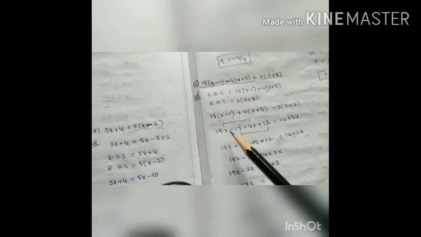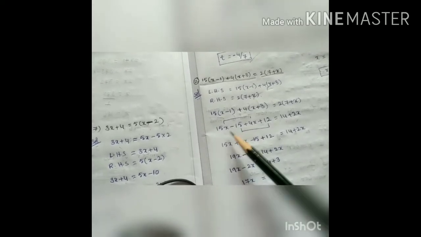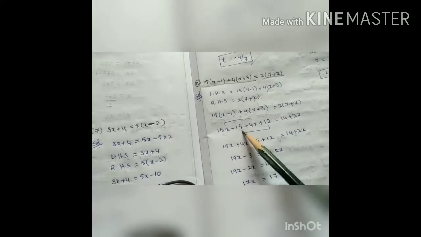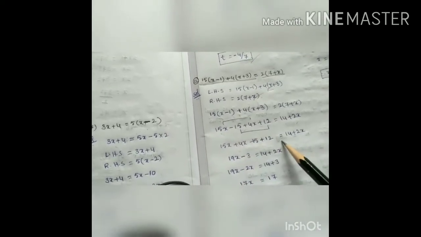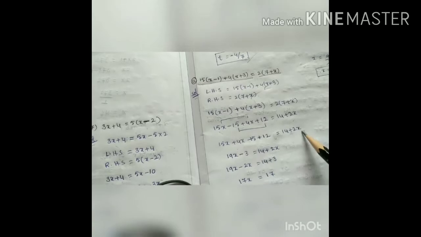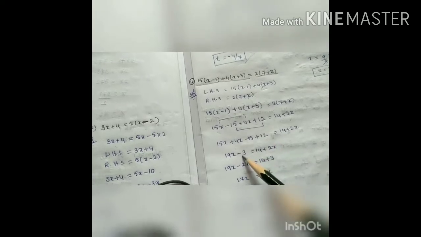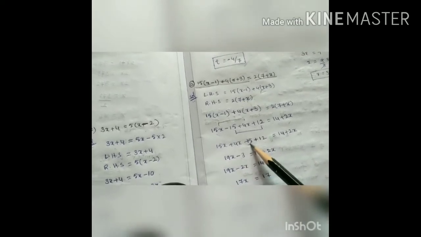Now I will write the x terms first, then the constant terms. 15x plus 4x minus 15 plus 12 is equal to 14 plus 2x. 15x plus 4x, 19x, minus 15 plus 12 is minus 3, because the bigger number is negative.